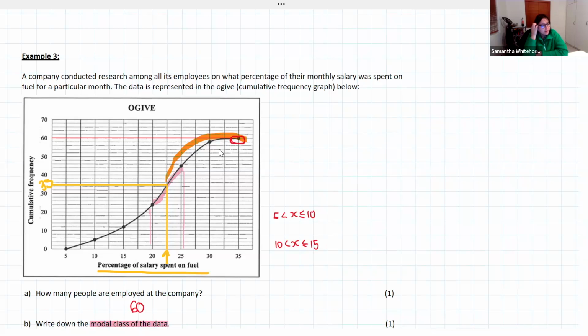So what I mean by that is if you're spending 10% of your salary on fuel, let's say you earn 10,000 Rand and you're spending 1,000 Rand on fuel. Because fuel is more expensive, you do not get as much fuel as you would have gotten before the price increase.